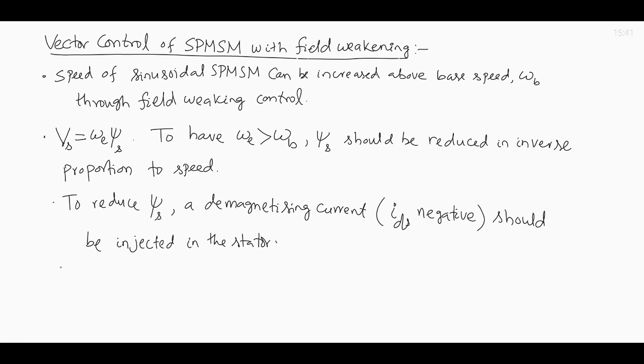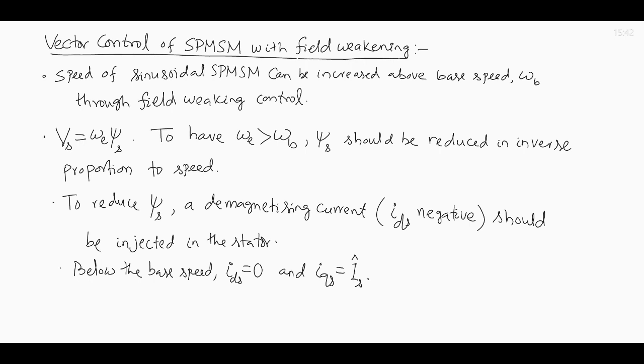So, main point is, below the base speed, this d axis stator current IDS is kept at 0, and IQS, the quadrature axis or torque component of the current, is the entire stator current IS.